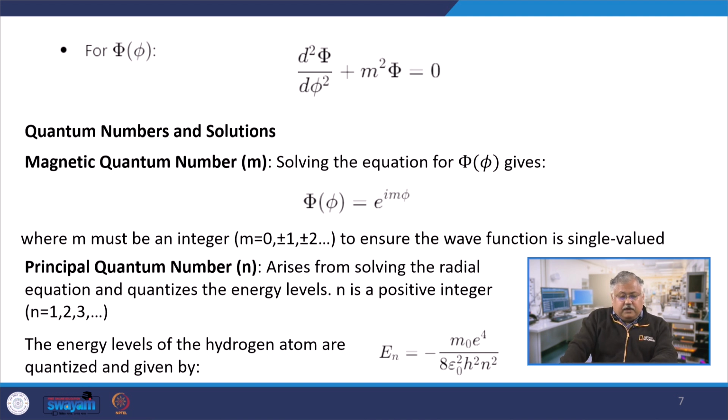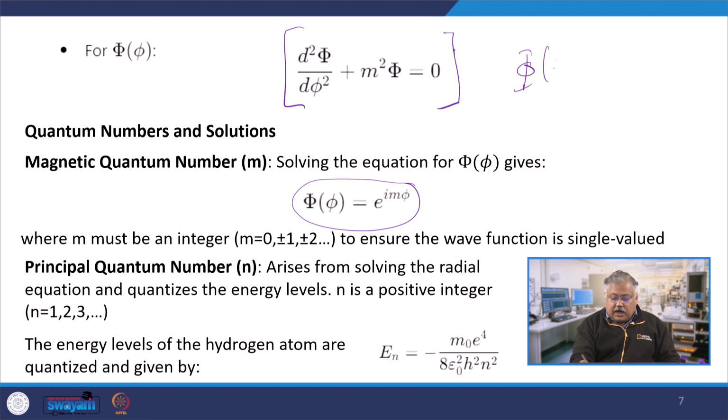As an example, if you take the equation for phi to be equal to 0, this is basically a one-dimensional Laplace-type equation. Solve it and you will get the various values of phi. Now, the quantum numbers are known to us, and we already know there are 4 quantum numbers. If you solve the first equation, the solution is e to the power i m phi, where m is the magnetic quantum number.